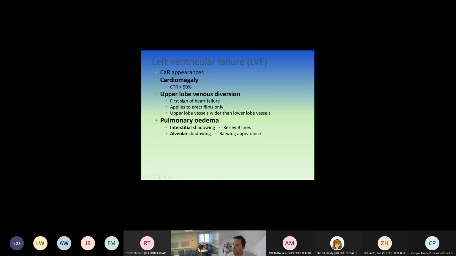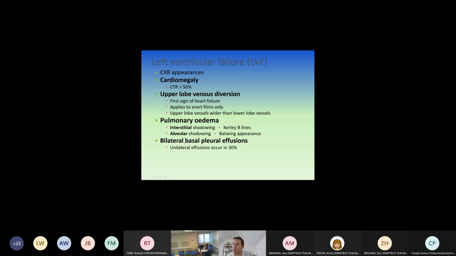Two types of alveolar shadowing. We get gravity-dependent consolidation, which falls to the bases, so we get bibasal consolidation. And you sometimes get a bat wing or angel wing appearance. Some textbooks call it bat wing, some call it angel wing, and that's a bilateral perihilar consolidation. Again, this will make more sense when I show you some examples.